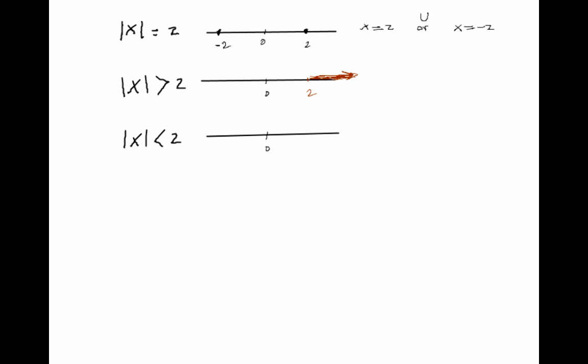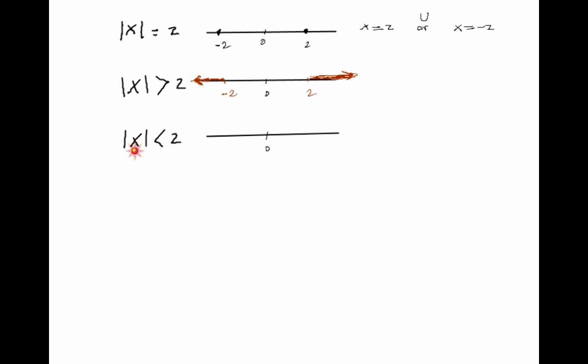On the other side, also, all the numbers to the left of -2, if I measure them, would be in distance larger than 2 units away from 0. So from here to here is larger than 2. Therefore, the solutions will be to the right of 2 and left of -2.